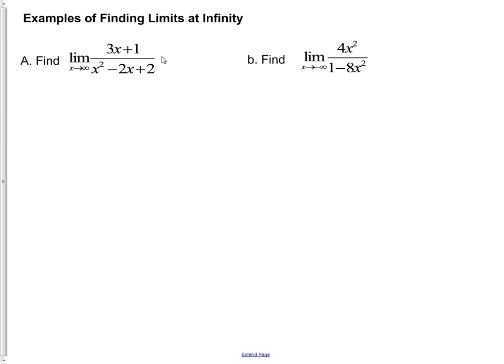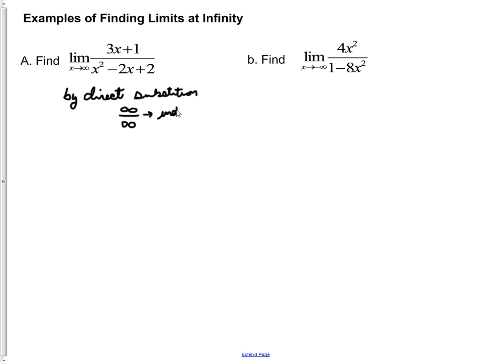Well, yes, by direct substitution, if we could do such a thing, by our first rule, the limit as x approaches infinity of x to the n is infinity, so we would get infinity over infinity.